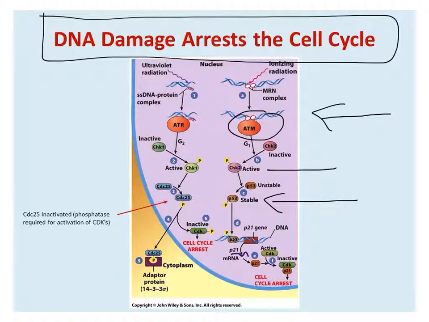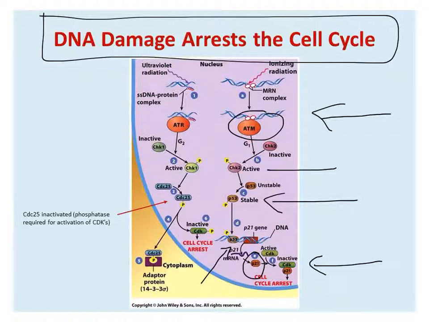This leads to the stability of p53, meaning we'll get increased levels of p53. And p53 is a transcription factor, and it will bind to the p21 gene, and that will lead to expression of the p21 protein by transcription and translation. And p21 will then bind to the CDK and physically inhibit its activity. So p21 is a steric inhibitor of the CDK.